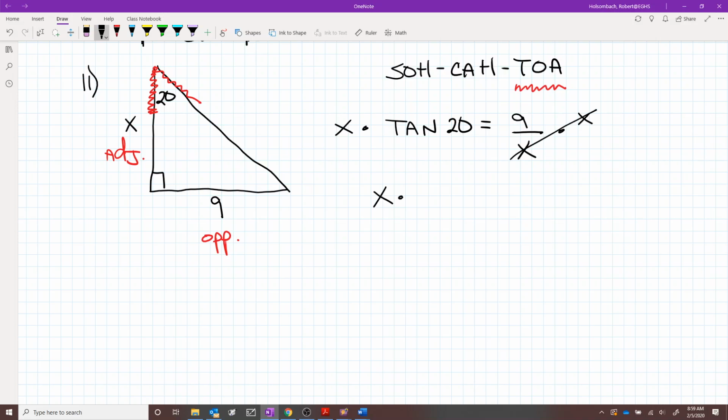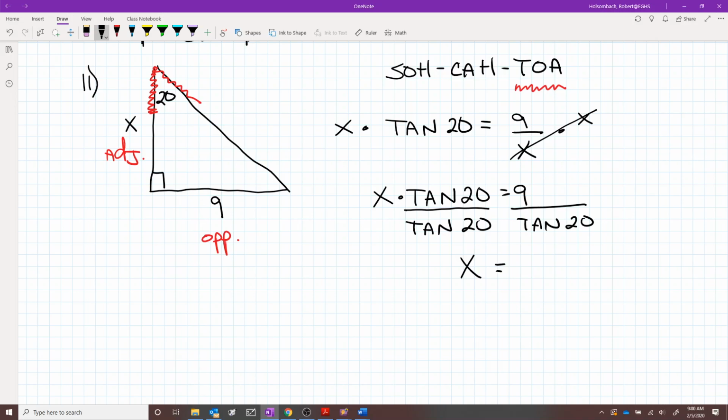So x times tan 20 equals 9. And then you can divide both sides by tan 20. So your side x is equal to 24.7.